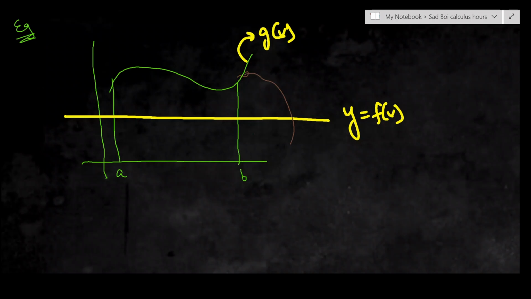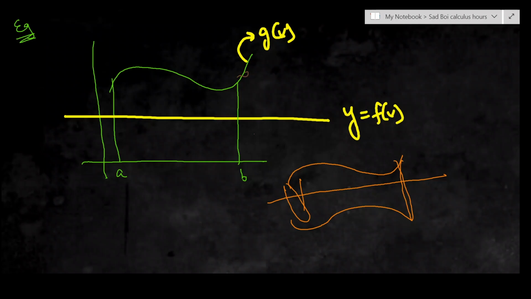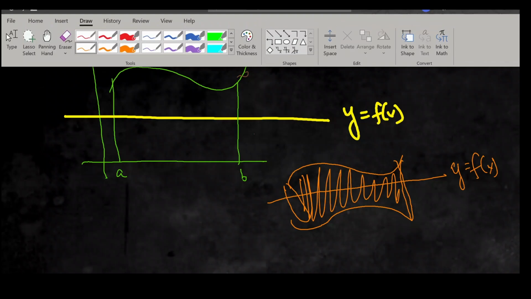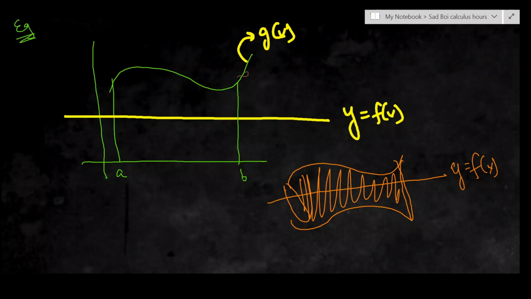When you revolve this function around the line y equals f of x, you get a solid that is something like this, where this is the line y equals f of x.